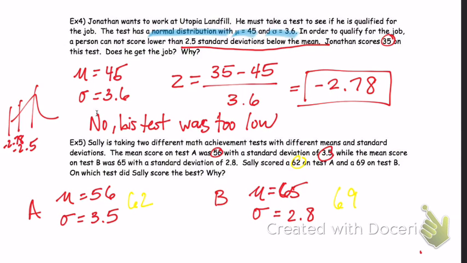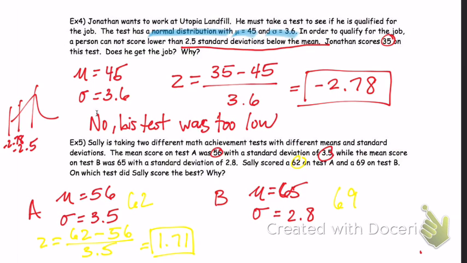So to find the z-score, I take her score, which is 62, minus the average over the standard deviation. So her z-score on test A is what? 0.71. Let's go out 2 decimal places.